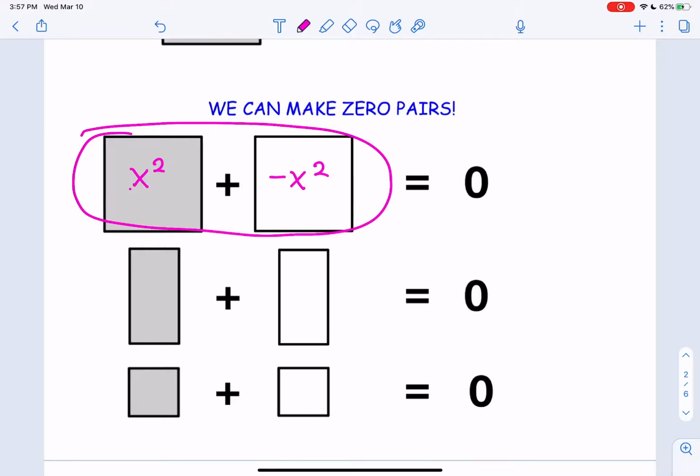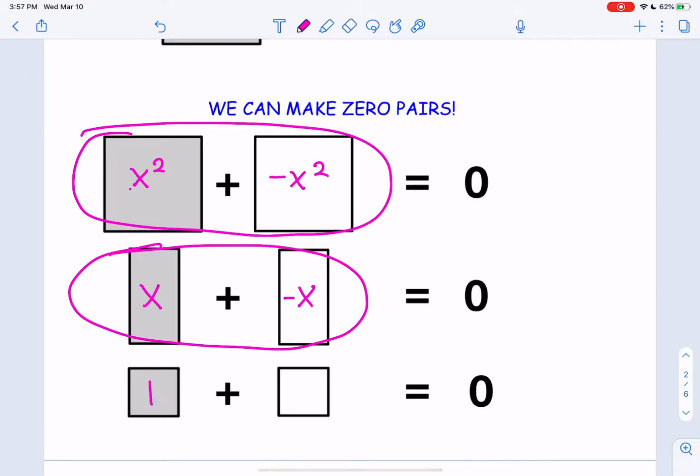Okay? And the same goes for the two x's. If you add a positive and negative of the same number and combine them, you get 0, just like with positive 1 and negative 1. Positive 1 plus a negative 1 is 0. So these are 0 pairs.